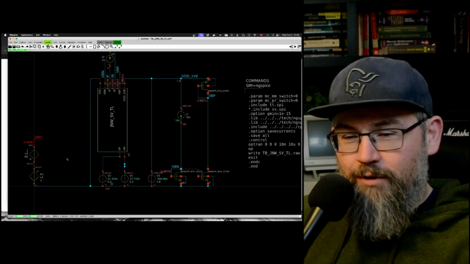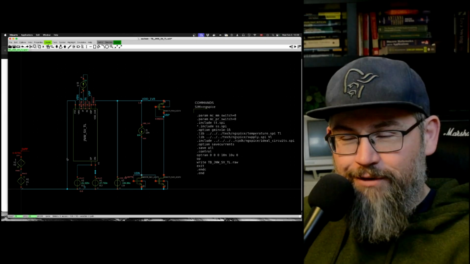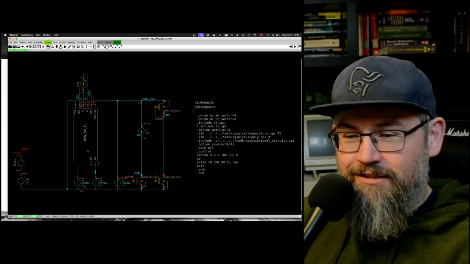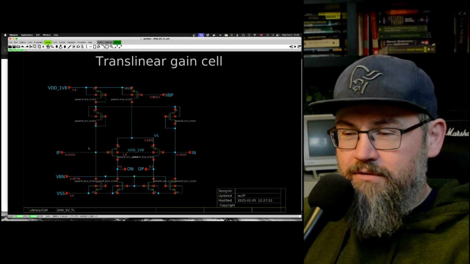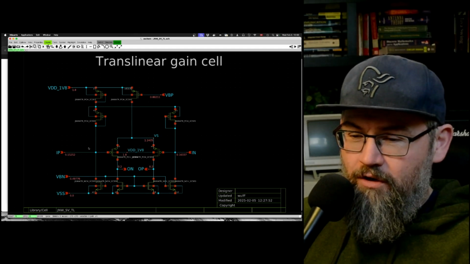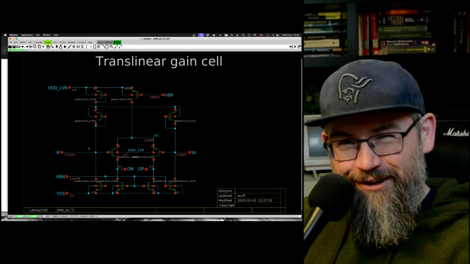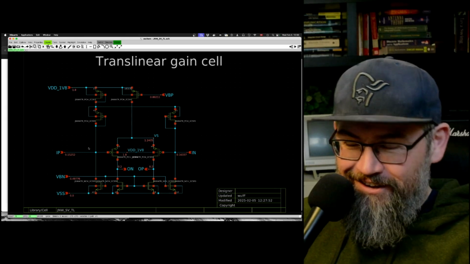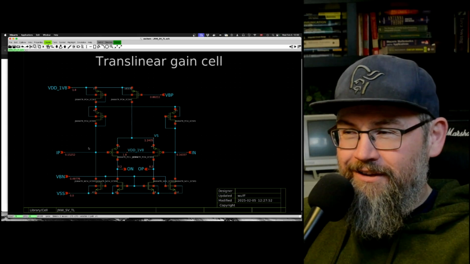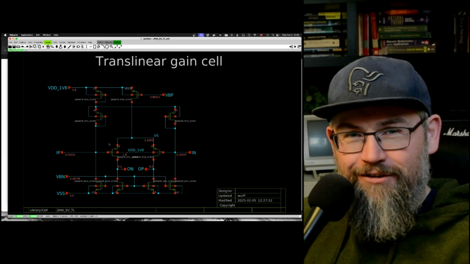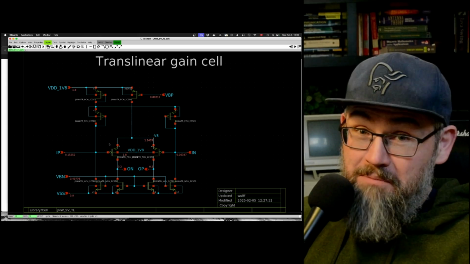I don't know if it's going to work with translinear circuits and neural nets. Maybe they're too big, or maybe mismatch becomes so big a problem that it doesn't work. But it's kind of fun to have a look. Yeah, if I were to look at something in analog AI, that's where I'd start. That'd be fun. Might not work though.